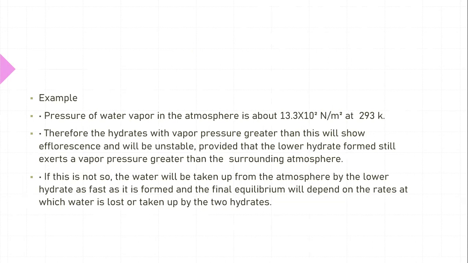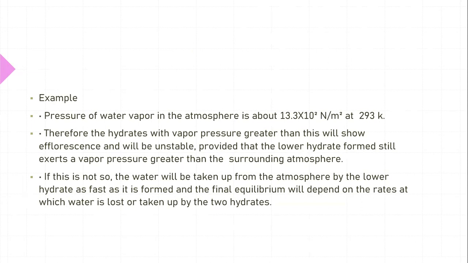square at 293. Therefore, the hydrates with vapor pressure greater than this will show efflorescence and will be unstable. Those hydrates which have vapor pressure above this atmospheric vapor pressure will show efflorescence and will be unstable, provided that the lower hydrate formed still exerts a vapor pressure greater than the surrounding atmosphere.